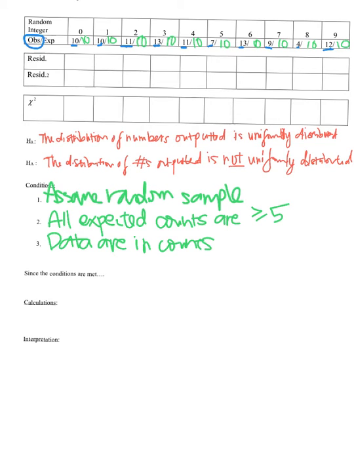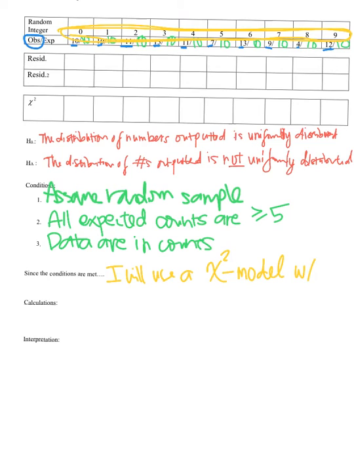So since we've met all those conditions, I will use a chi-square model with, now we look at how many categories there are. There are 10 of those categories.